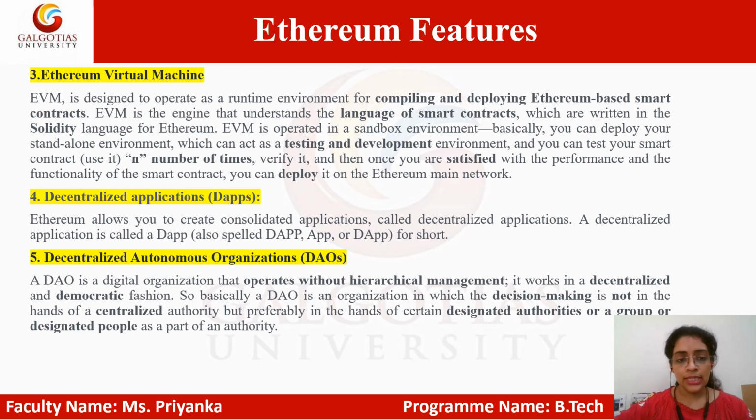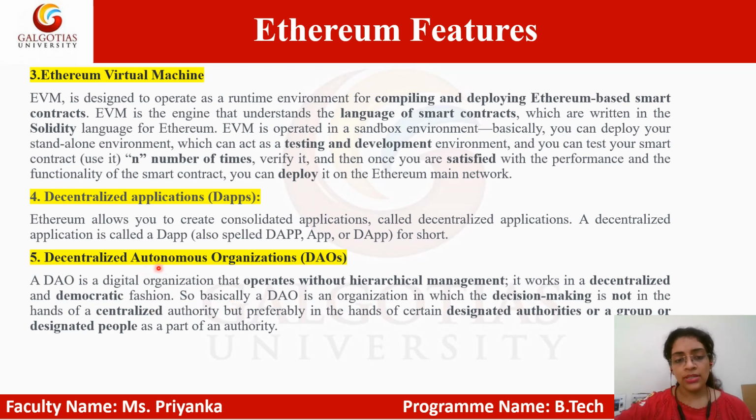Next is the decentralized application. Ethereum allows us to create decentralized applications, which we also call DApps. Next is the decentralized autonomous organization. A decentralized autonomous organization is a digital organization that operates without hierarchical management, and it is decentralized and works in a democratic fashion.